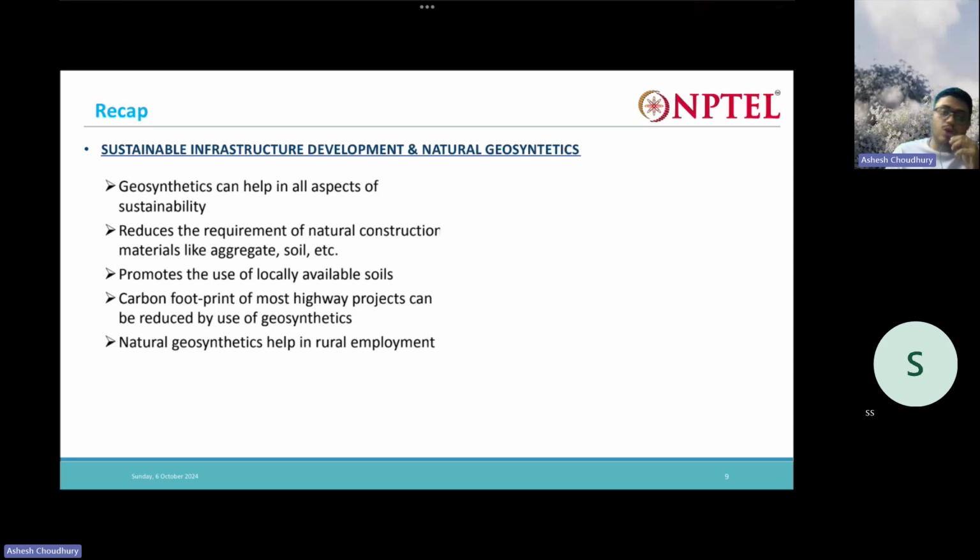But even over them, wherever possible, if you try to use natural geosynthetics, you will be contributing more to sustainable development. How? Because obviously they are natural things, and also, secondly, we will be giving employment to the local unskilled rural people, right?